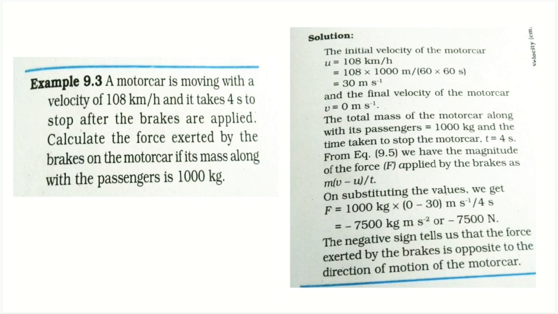Substituting the values, we get F equal to 1000 kgs into (0 minus 30 meters per second) upon 4 seconds. This equals minus 7500 kg meter per second square, or minus 7500 Newton.